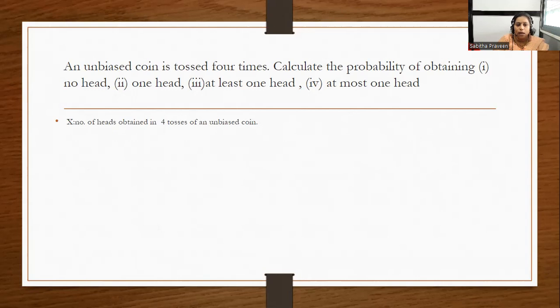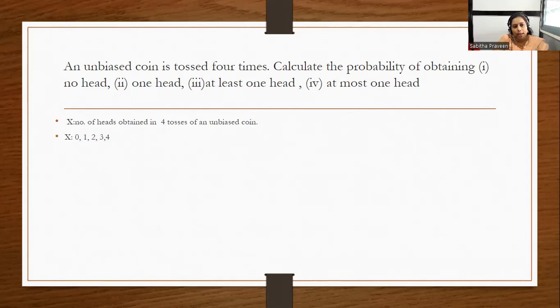If you're tossing a coin 4 times, then the possible values of x are 0, 1, 2, 3, 4. Based on this, the number of trials, or the number of coins, is 4, so n equal to 4, and it is also given the coin is an unbiased one.